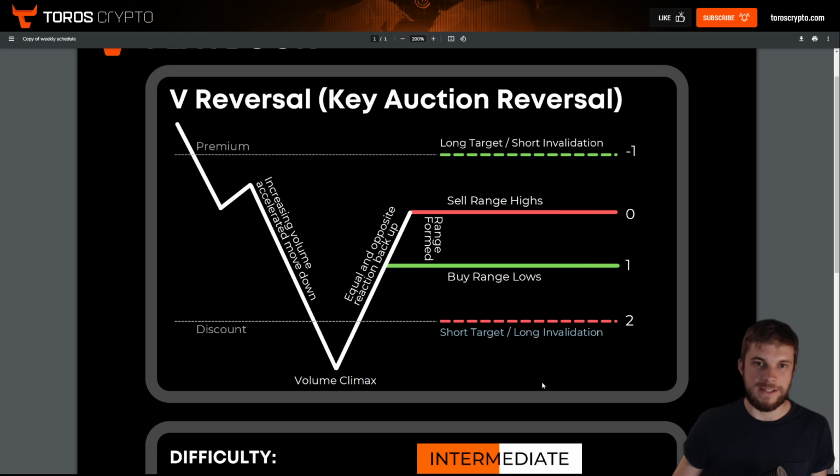We're looking at 1, 2, 3, 4, 5 candles down to get from this range, and then we have 1, 2, 3, a little bit of chop, 4, 5, 6, 7, 8. You see what I mean? You get some symmetry there. It's an equal reaction. And then you put in a range that is well above where that selling climax and that increase in volume is. So that again is an important part of this.